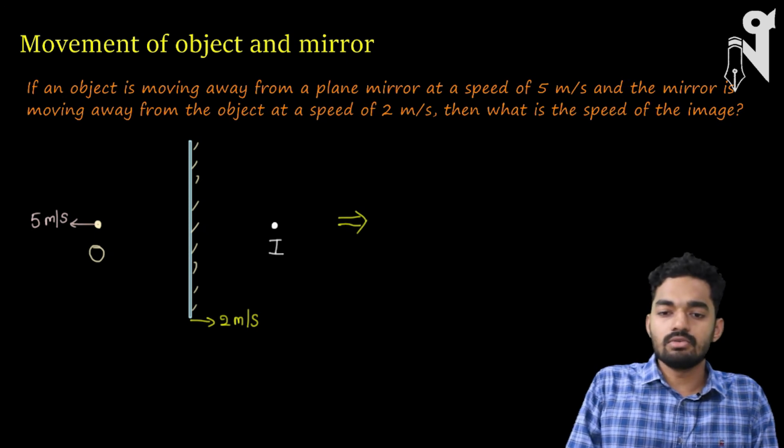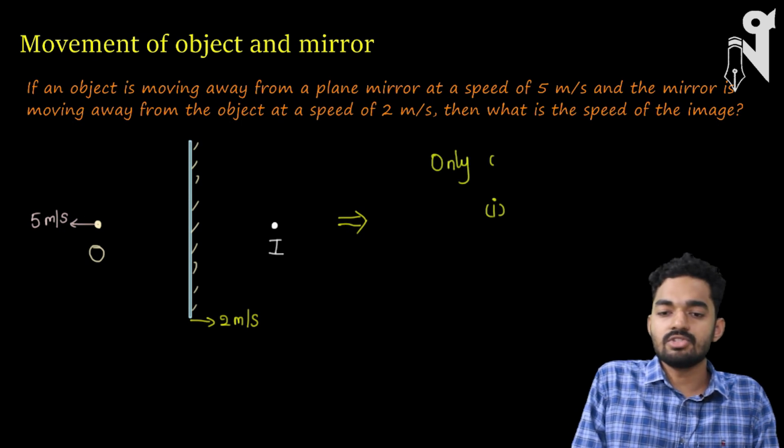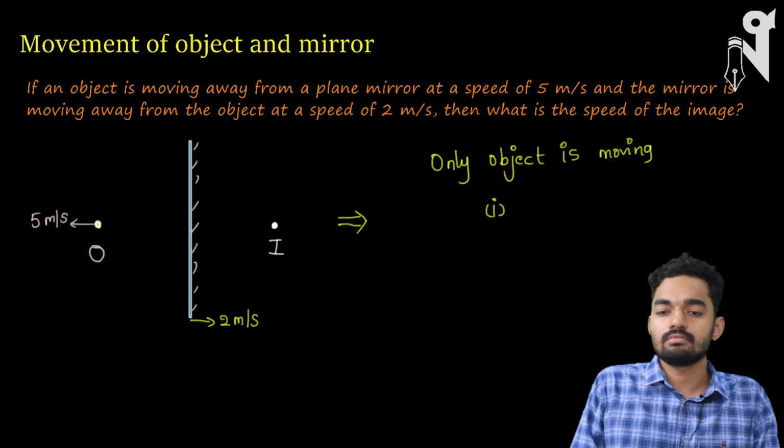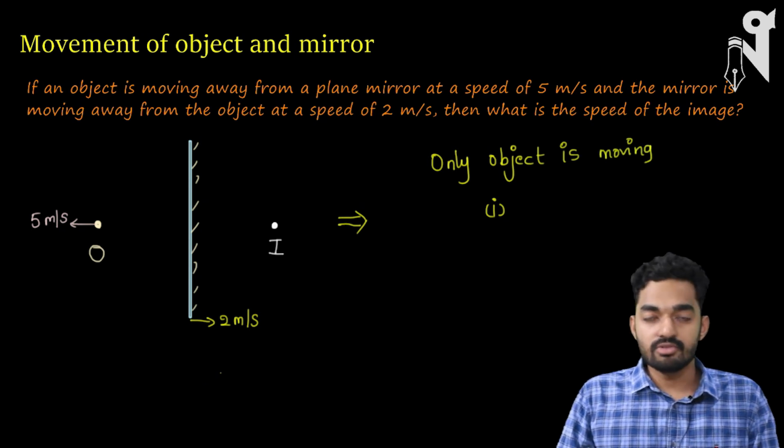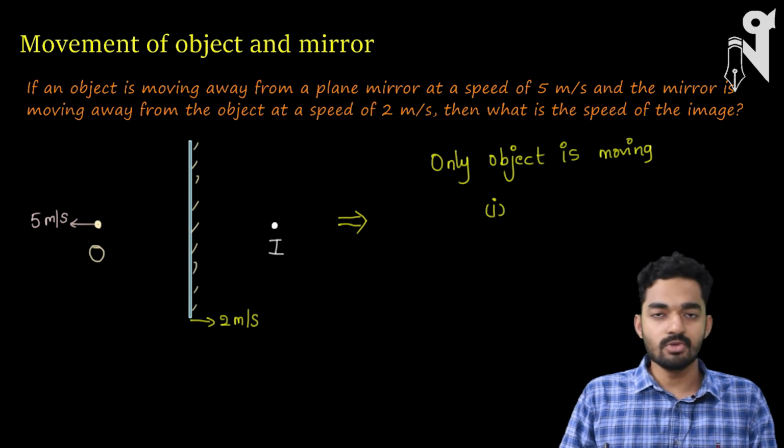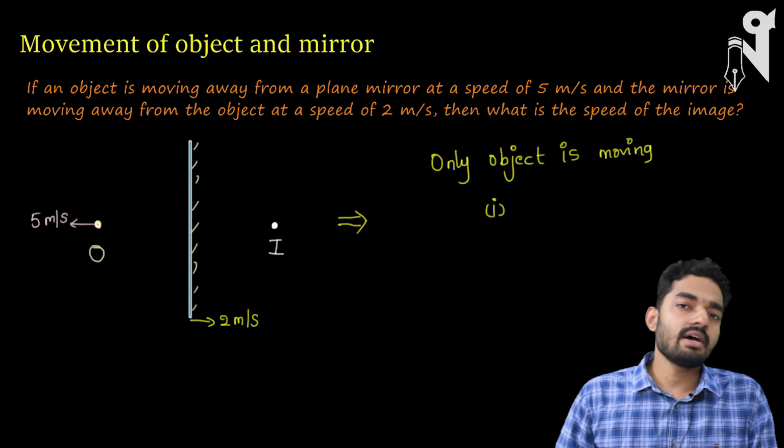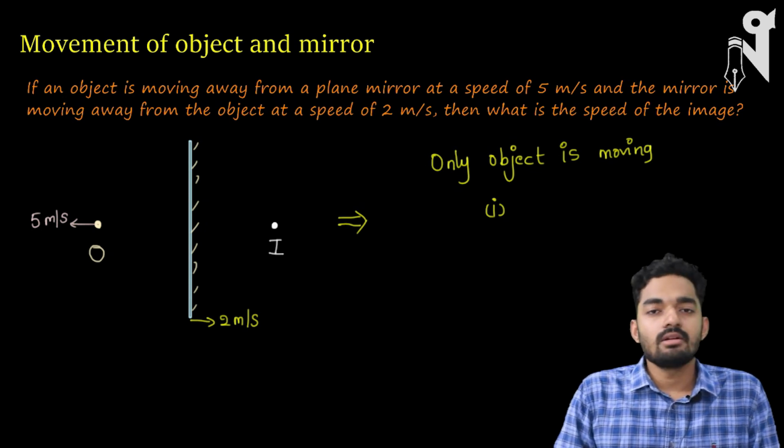Alright, so in the first part only the object is moving. So let's say the mirror is not moving, only the object is moving, and the object is moving away from the mirror at a speed of 5 meter per second. Now we know that whenever the object is moving perpendicular to the mirror, the image will also move by the same amount but in the opposite direction.